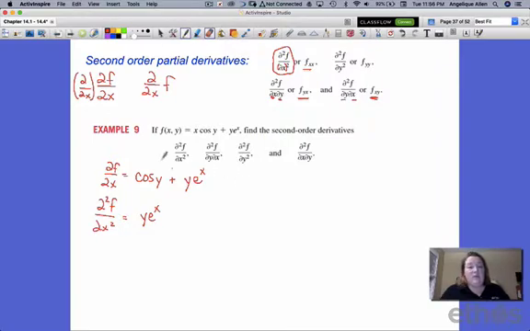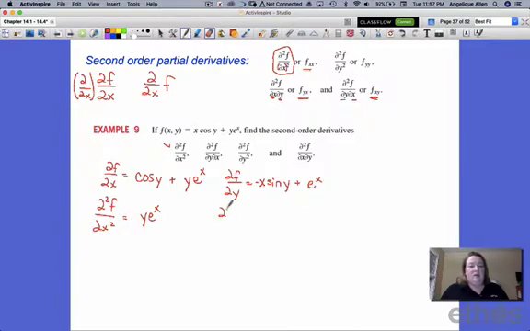Okay, now with respect to y, so that takes care of that one. With respect to y now. Okay, over here, x is being held constant, and the derivative of cosine y is negative sine y. All right, derivative with respect to y makes e to the x a constant, and there we go.